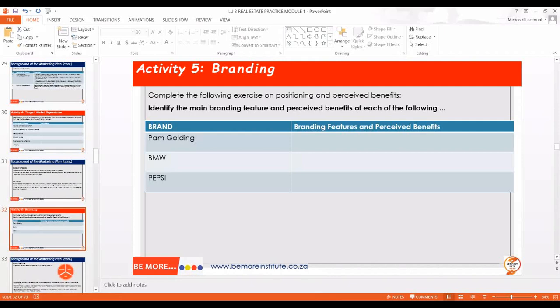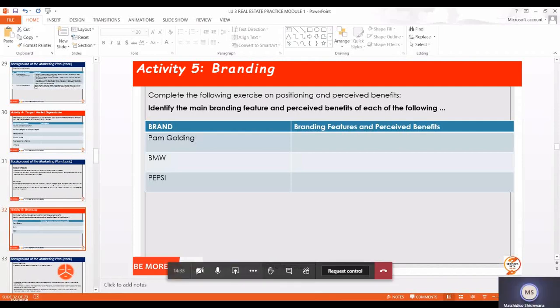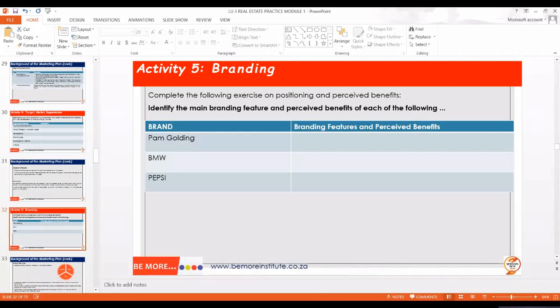Yeah, I think it's a luxury car. So I think comfort, luxury you get, that's what you would expect to get, the benefits, the branding features. I think the branding, you feel more of luxury.